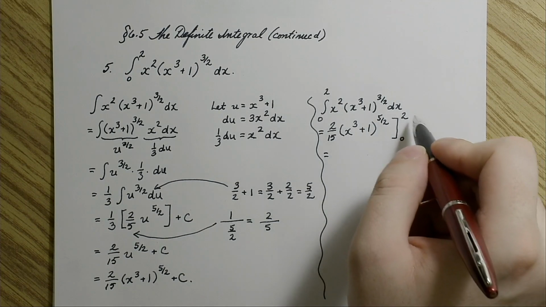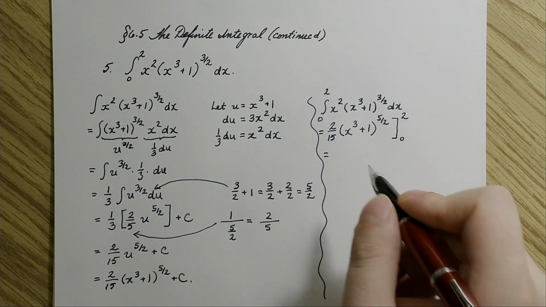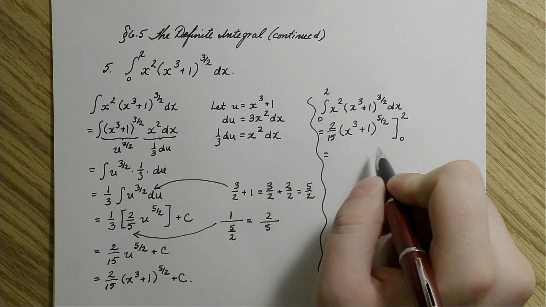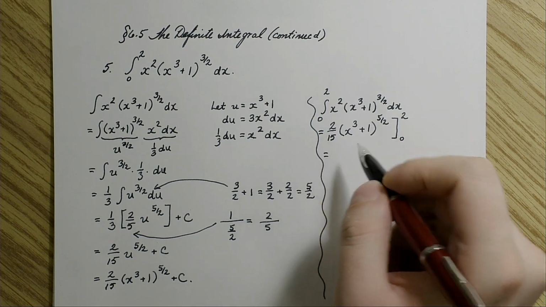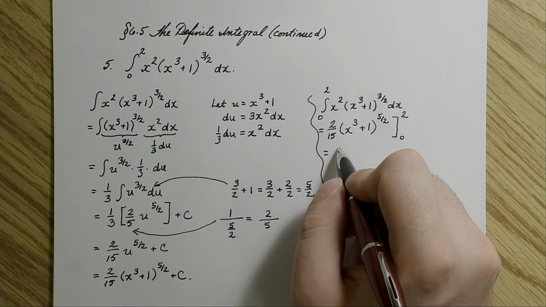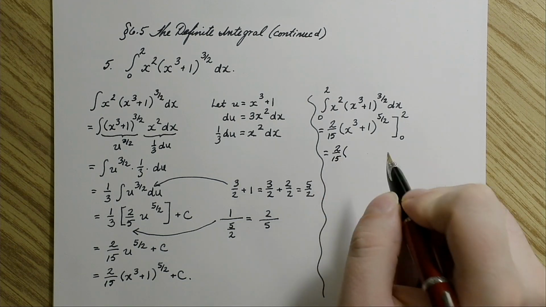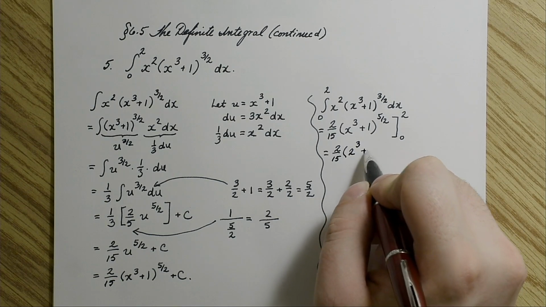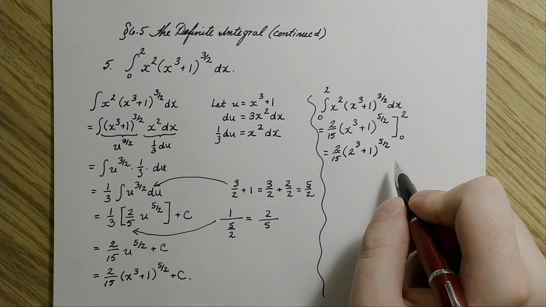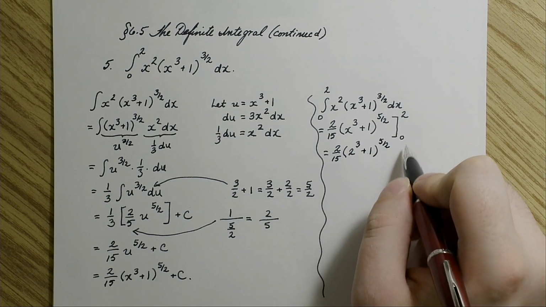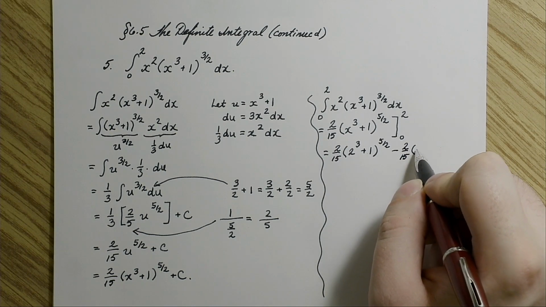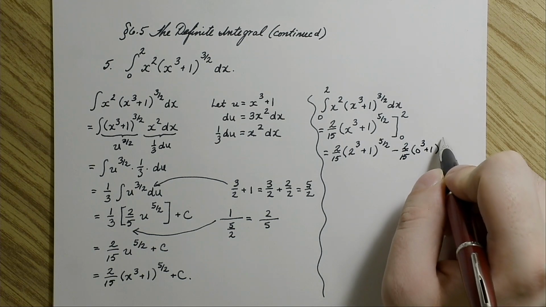Now we substitute our values in, 2 and 0. So it's the antiderivative evaluated at 2 minus the antiderivative evaluated at 0. So 2/15 times (2 cubed plus 1) to the 5/2, minus 2/15 times (0 cubed plus 1) to the 5/2.